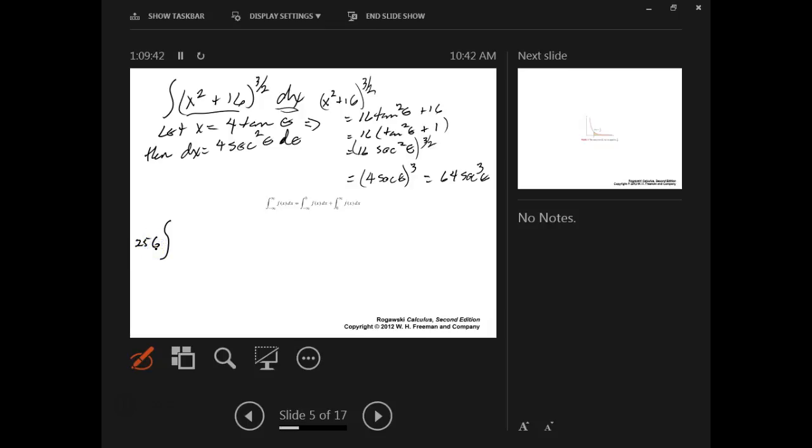I may want to bring some back later. But this thing would then be secant cubed theta, and this is secant squared theta, so that's secant to the 5th theta d theta. Do you see that? Yea or nay?